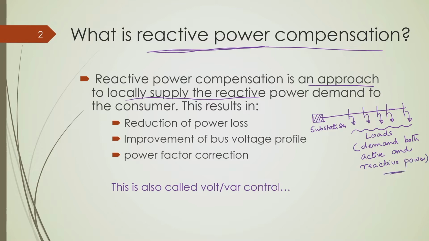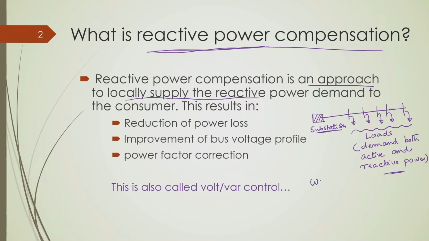Now, who will supply this active and reactive power? If there is no source connected at any point between the substation and the furthest load, of course both the active power and reactive power demand for all the loads are fulfilled by the substation.